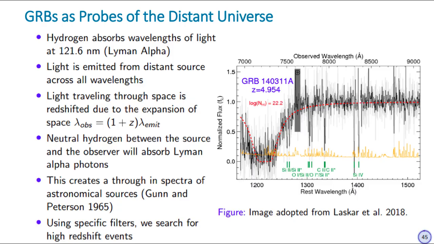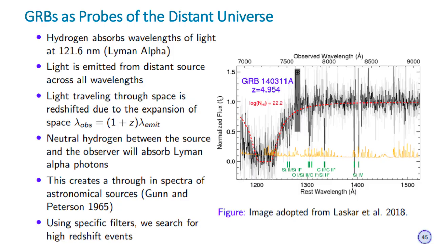And so that doesn't correspond to any hydrogen absorption normally, but if the photon had been redshifted by a factor of almost 5, then that would correspond to the Lyman alpha absorption.